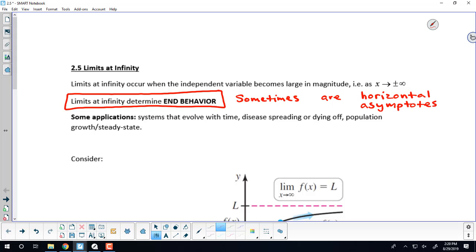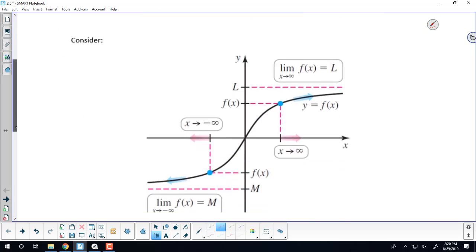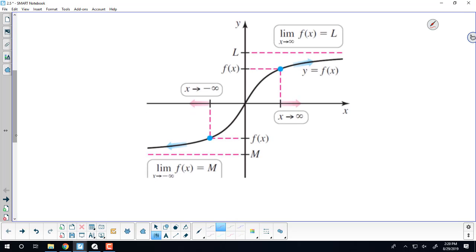But like we mentioned at the beginning of 2.4, not all functions have horizontal asymptotes. So here's a picture. As x gets large in either direction, do the y values actually approach something finite? And if they do, we say in general that's the function's end behavior. If a function, as x approaches infinity, is leveling off, then we also classify that as a horizontal asymptote. So end behavior is the catch-all for limits at infinity.